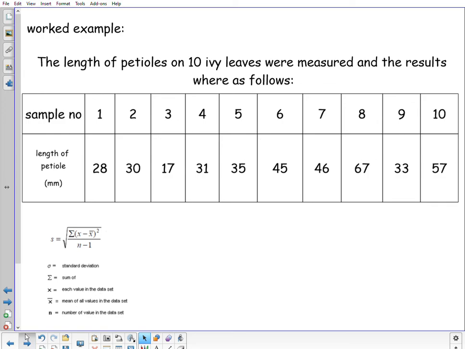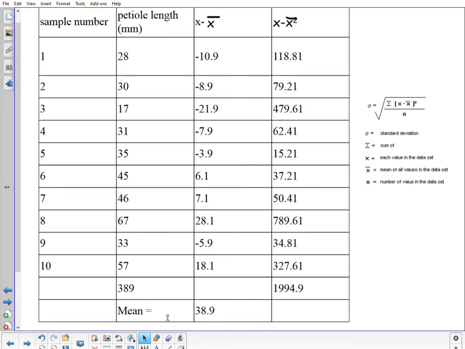Okay, so again, the first thing we do is we work out our mean. So that comes to 38.9. We then do individual sets of data, so x minus x bar. So we put all those in there. We square them. We sum them. So our number is 1994.9.